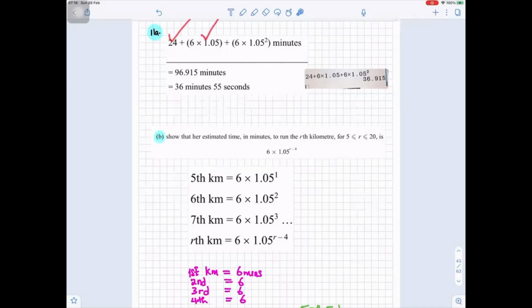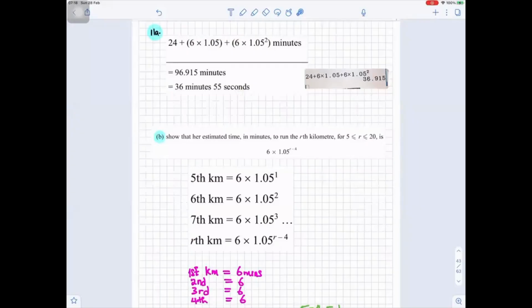You can write it all like that: 24 plus 6 times 1.05 plus 6 times 1.05 squared, and you put that all in your calculator at once, and you'll get 36.915, and you change the 0.915 to seconds, which is 55 seconds.